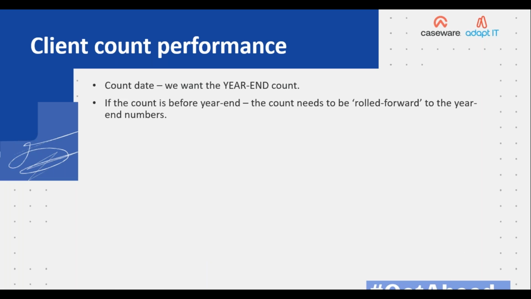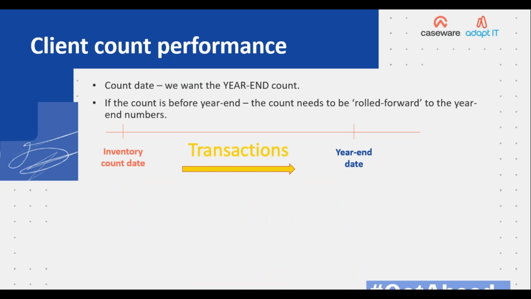If the count is performed before year end, the counts need to be rolled forward to the year-end numbers. So we've got a very nice slide here where you've got the inventory count dates and all the transactions being performed or accounted for up until the year-end date. That is in the event the count is before year-end.